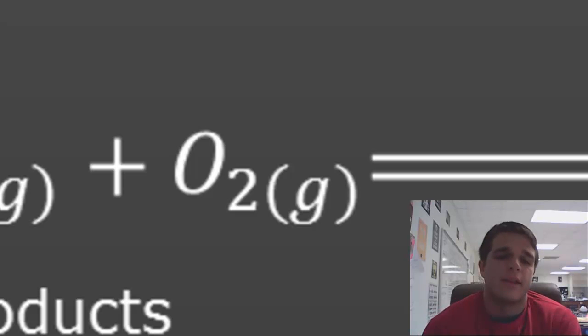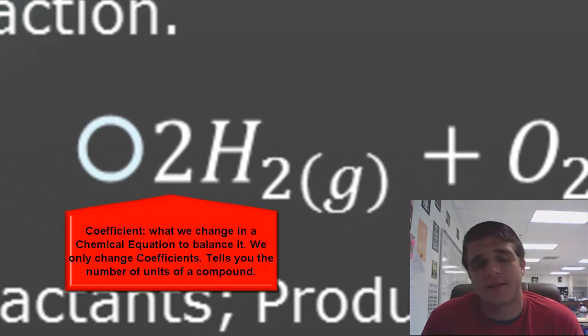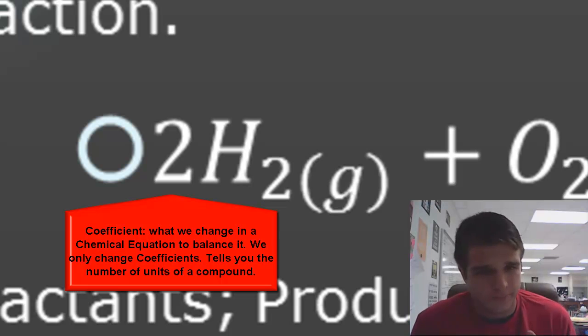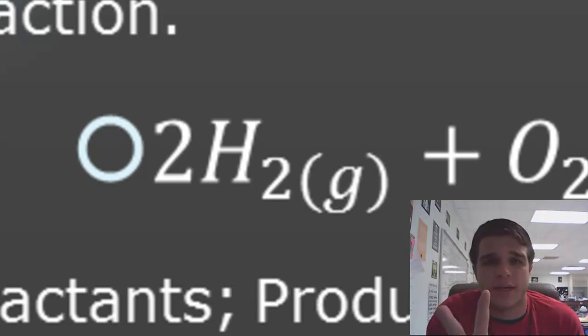Now the coefficient is something that's a little bit different. Coefficients are what we use to balance our equation. We change the coefficients, we can't change the subscripts. The coefficients are the big numbers. For instance, next to water, H2O, and the H2 gas, there are these big number 2's next to them, and that indicates that there are 2 units of whatever the molecule is.